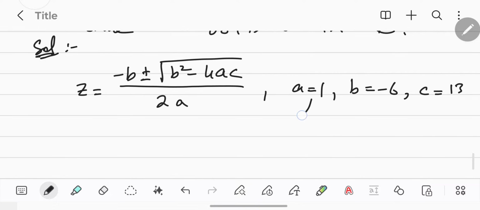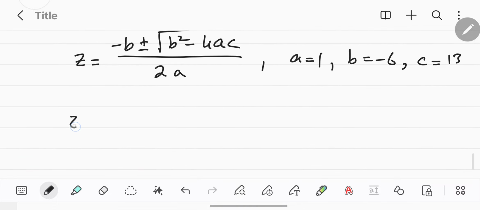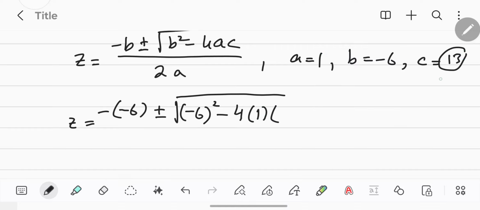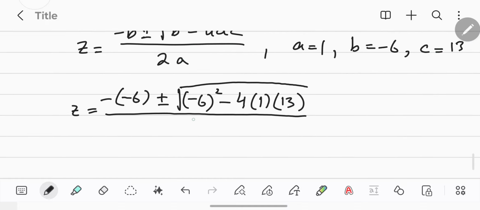If we put these values in this formula, we get: minus b is minus (-6), so I will write 6, plus or minus the square root of (-6)² - 4 times a, which is 1, times c, which is 13, over 2a, 2 times 1.